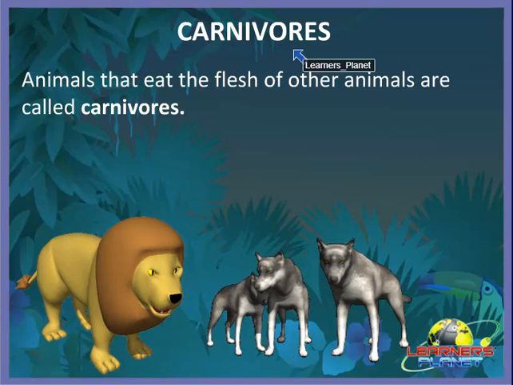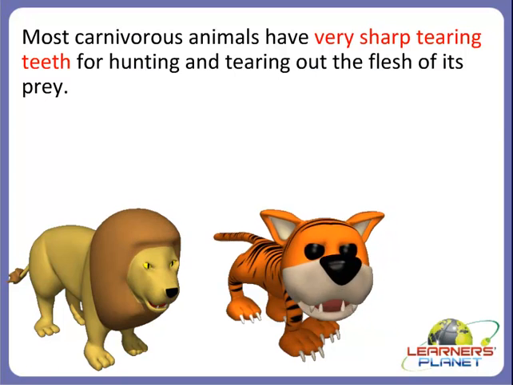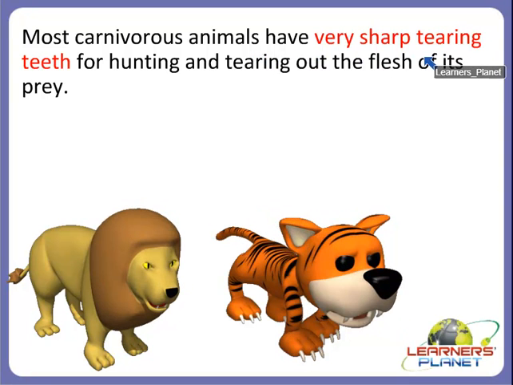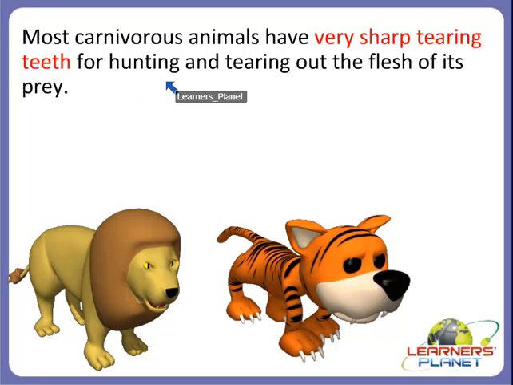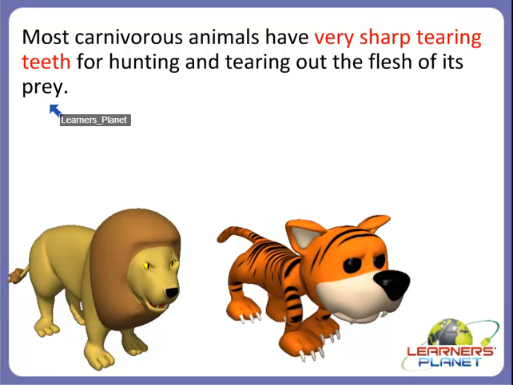So children, animals that eat the flesh of other animals are called carnivores, right? So children, most of the carnivorous animals have very sharp tearing teeth for hunting and tearing out the flesh of their prey. Right?